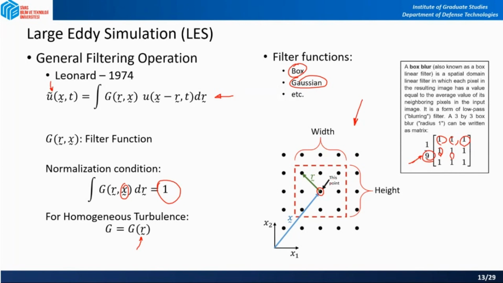That is another type of filtering function, which is not a box filter anymore. Box filter is a moving average filter. If the weights are distributed according to a Gaussian distribution, then I call it a Gaussian. And the width and also the height are basically your filter scales.